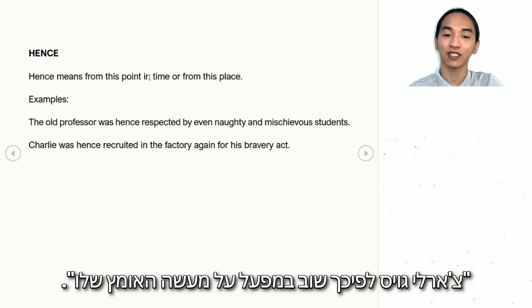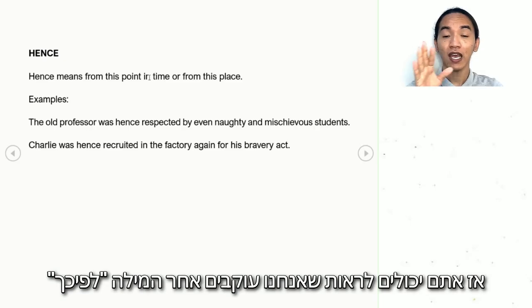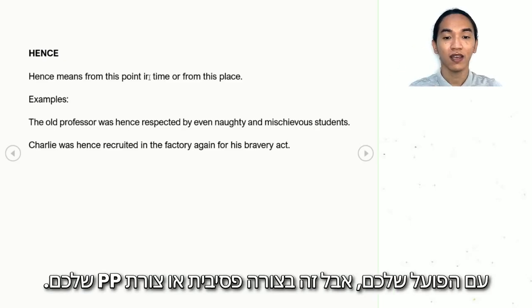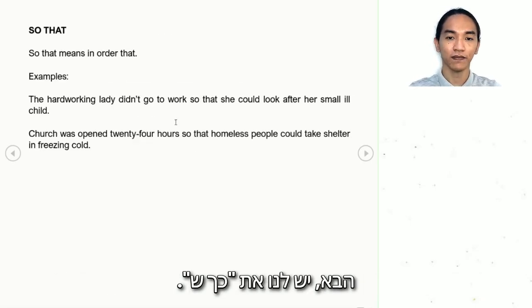So Charlie was hence recruited in the factory again for his bravery act. Okay, so from this point, from this place, was recruited in the factory. So you can see we follow the word hence with your verb, but it is in a passive form or your PP form.